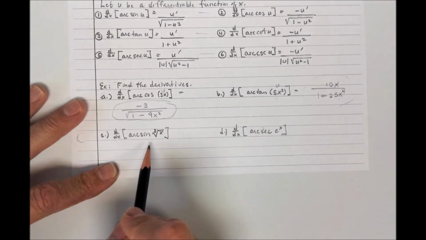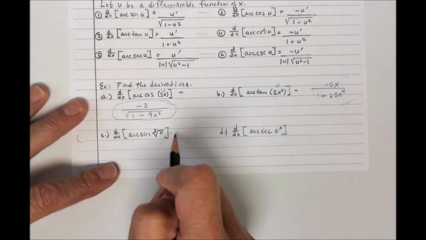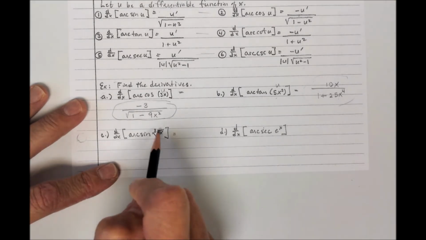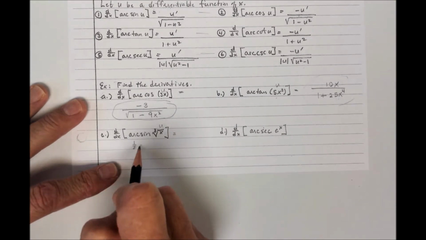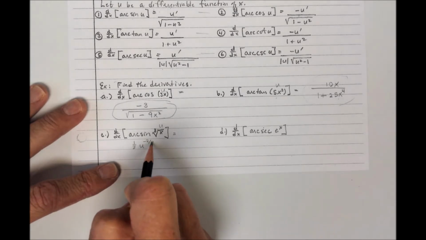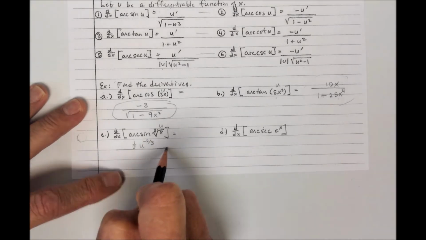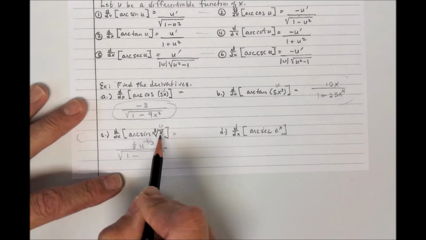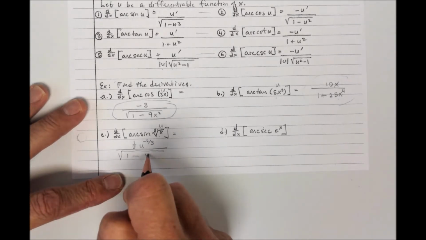Oh, it gets a little bit more interesting on this one. This is equal to the derivative. It would be u prime. This is my u, so this is going to be 1/3 u to the negative 2/3 all over the square root of 1 minus u squared, so that's going to be x to the 2/3.